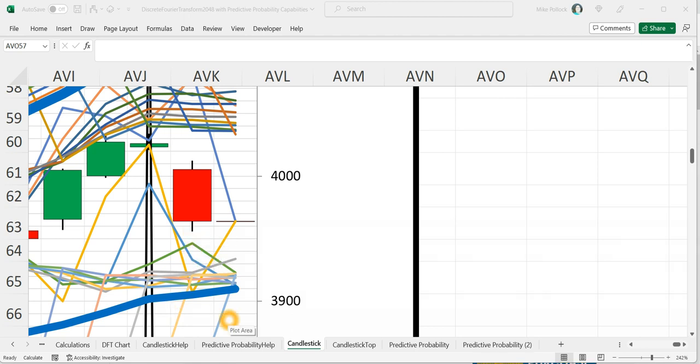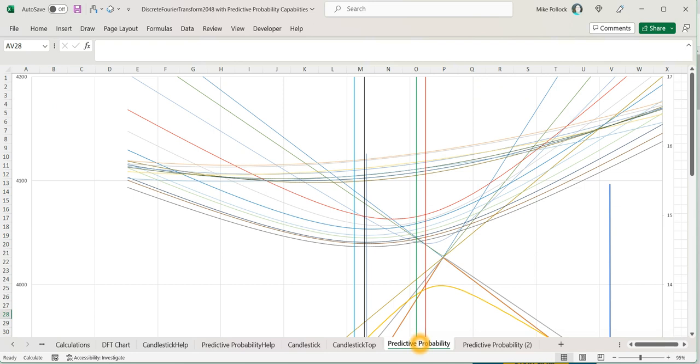So let's look at what that looked like on the probability chart. There we go. So if you remember, price increases from left to right. Here's where it closed on Friday. And the high for Monday was here, 40.12.